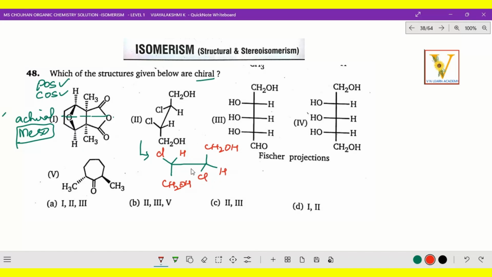So as we look at this structural formula, here ClH CH2OH, ClH CH2OH, it is not equal when you cut this molecule. CH2 is downwards, whereas CH2 is upwards. So it is not symmetrical. So POS, COS is absent.